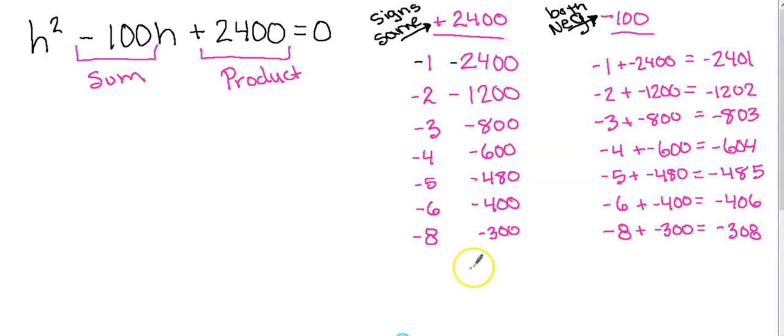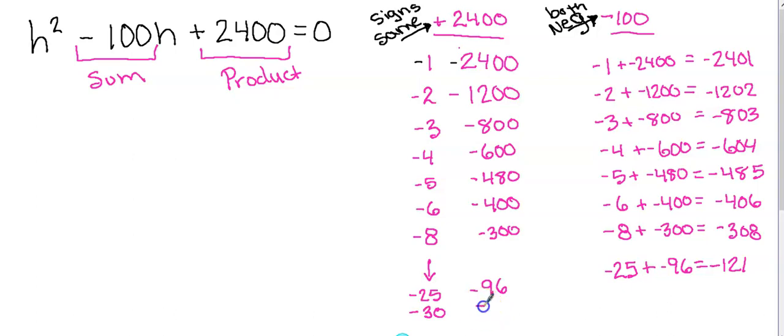We've made it all the way to negative 25. So 2400 divided by negative 25 is negative 96. Negative 25 plus negative 96, negative 121. Very close.